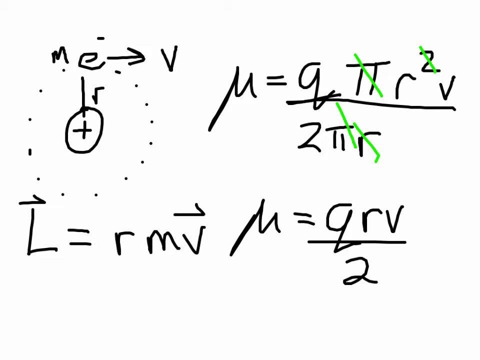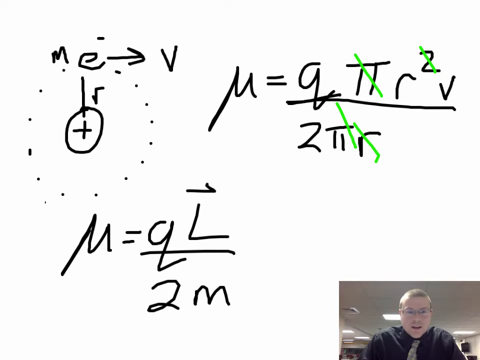However, since that charge has angular momentum, I do see r and v over here in the angular momentum equation. So I can get those two together and substitute out the rv I have in this equation, and what you finally get is that the magnetic dipole moment of a single charge orbiting its own nucleus is q times the angular momentum of that charge divided by 2m.